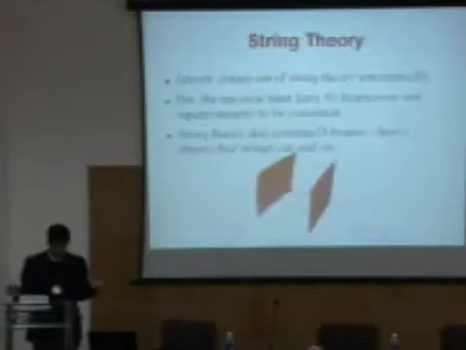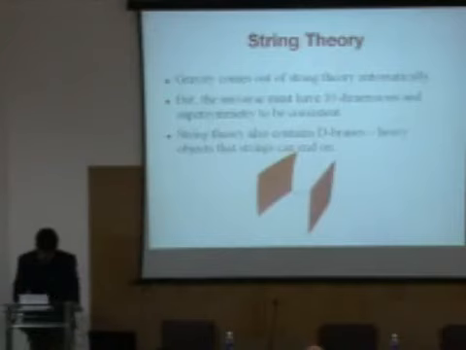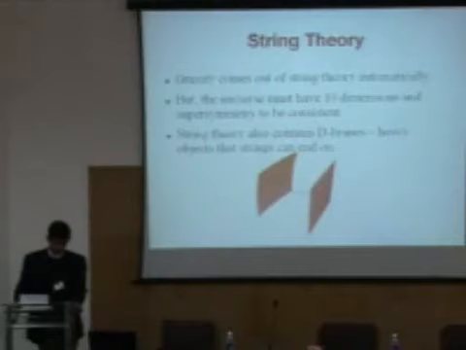Gravity just comes out of string theory automatically and mysteriously, but the universe must have 10 dimensions and supersymmetry to be consistent. String theory also contains other objects called D-branes that open strings can end on.